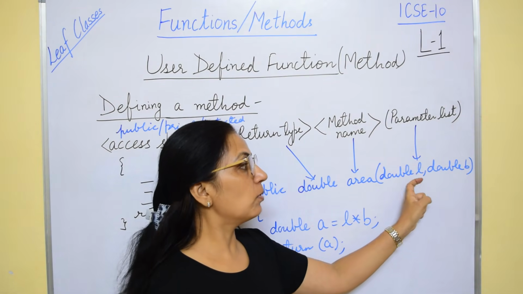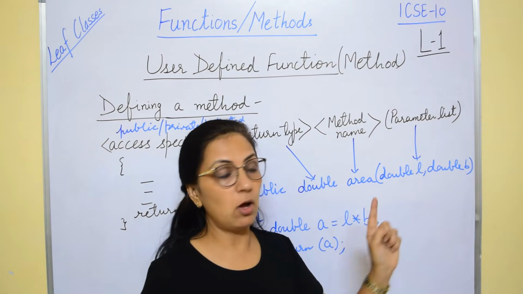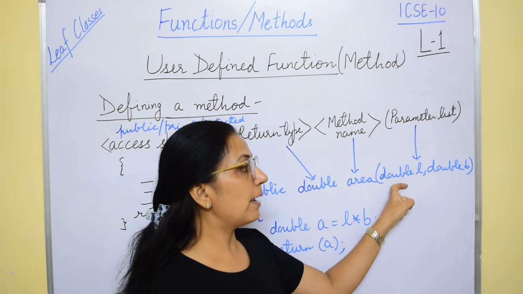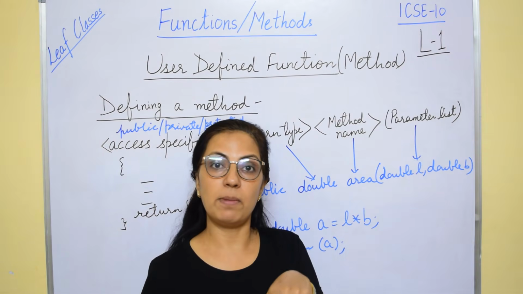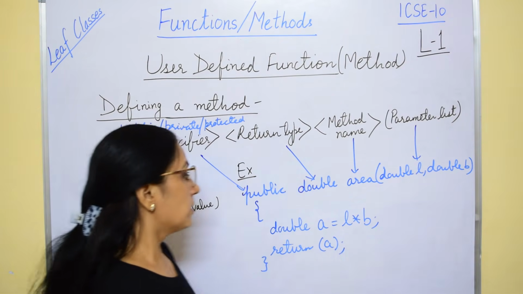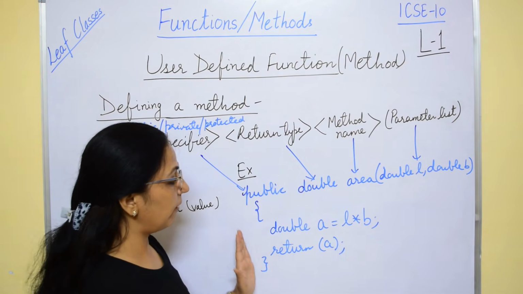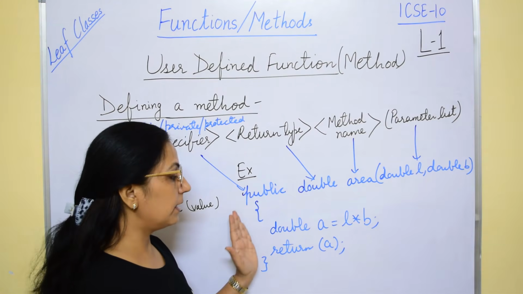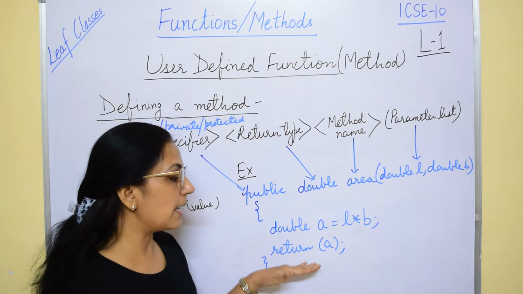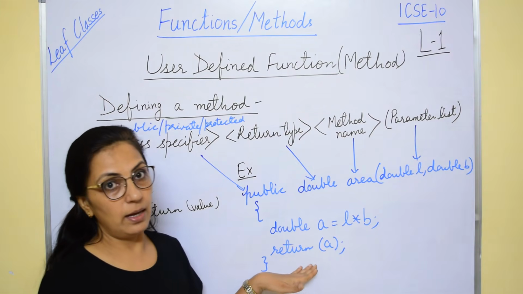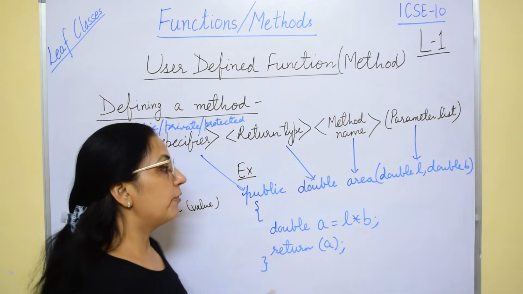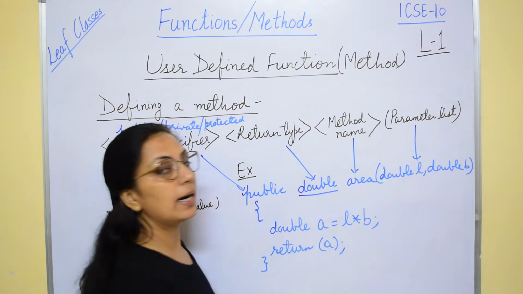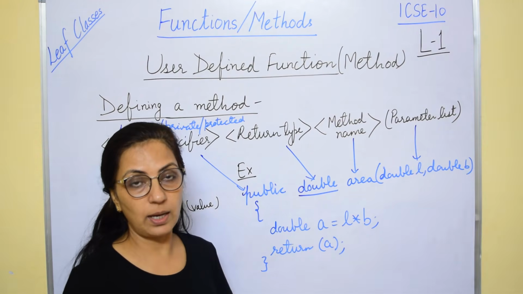Like here I have used L and B, both belong to double, but then also I have written double L comma double B. I cannot write double L comma B, that will be wrong, okay. And the function definition is written within the curly braces. The last line should be the return statement. Return statement in which case? When you are writing a data type here, okay.